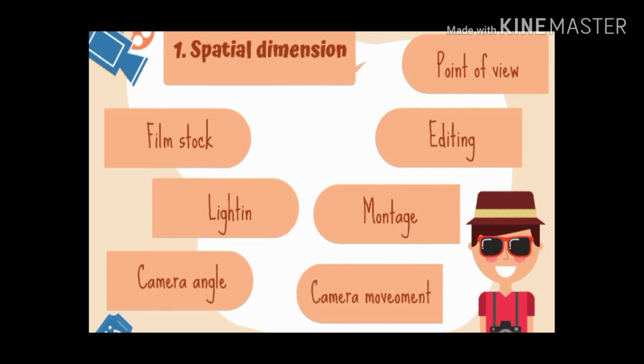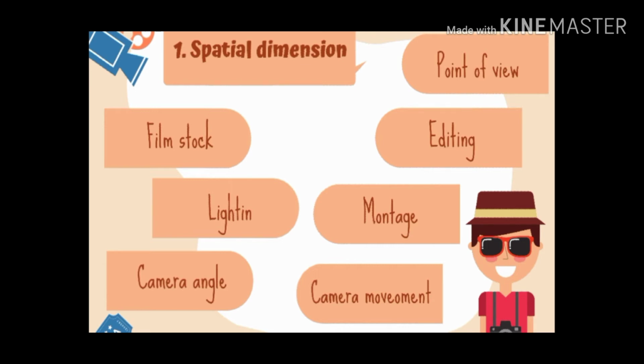There are a few different routes that a camera operator could take to achieve this effect. Where the camera is placed in relation to the subject can affect the way the viewers perceive the subject. There are a number of camera angles, such as high-angle shot, low-angle shot, bird's-eye view, and worm's-eye view.